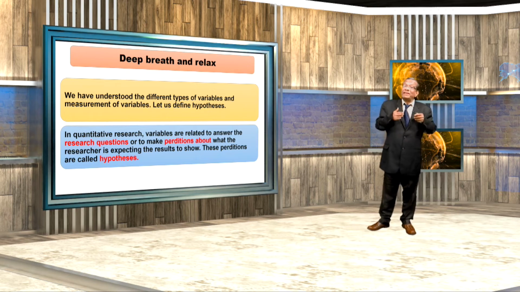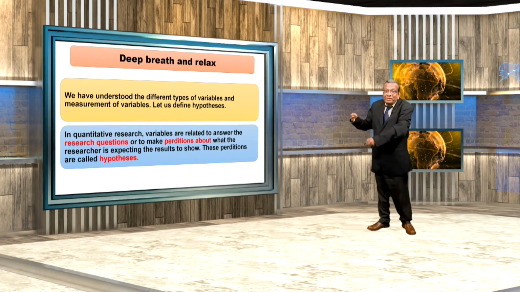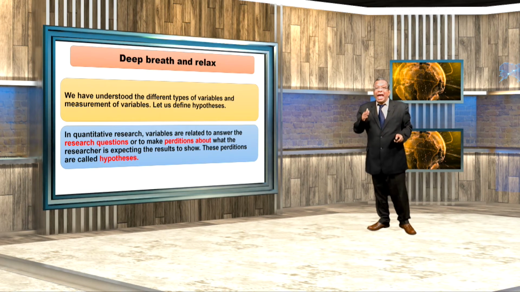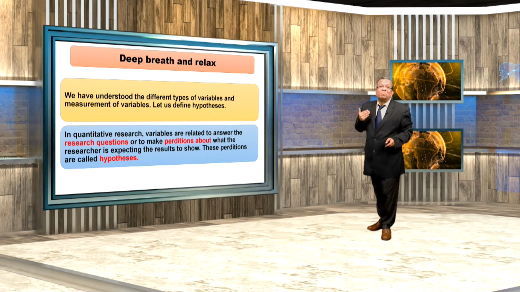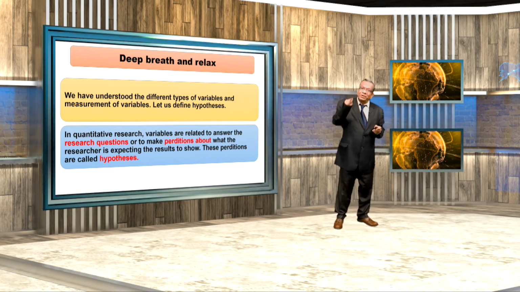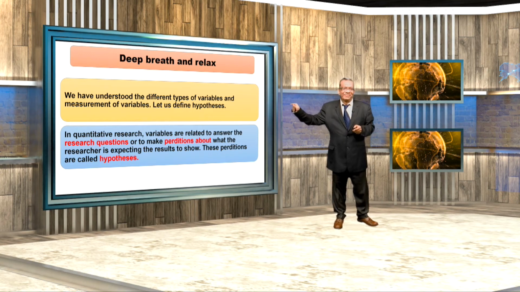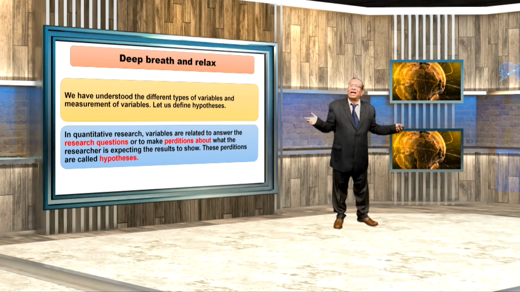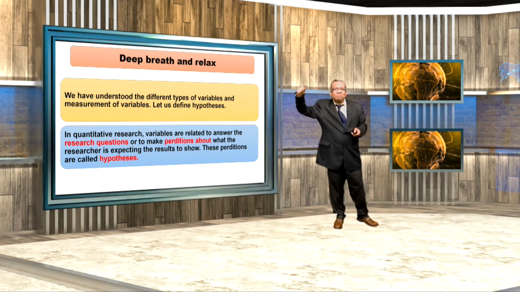Therefore, you have a set of research questions that has come into your mind, and here is a set of variables that are available to you, and you make predictions about what the researcher is expecting the results to show. You make a prediction, and that prediction is a hypothesis. These predictions are called hypotheses. Therefore, you make a set of predictions based on the variables that are related.